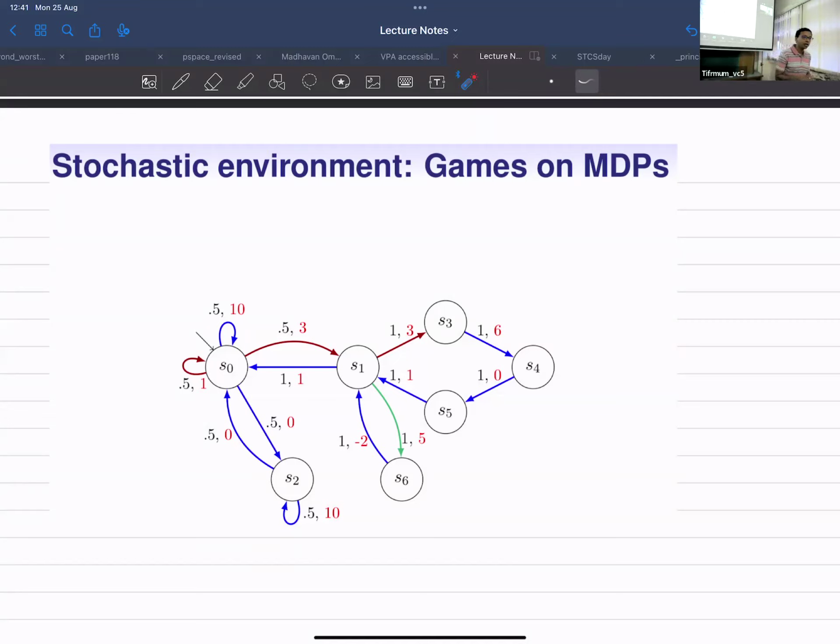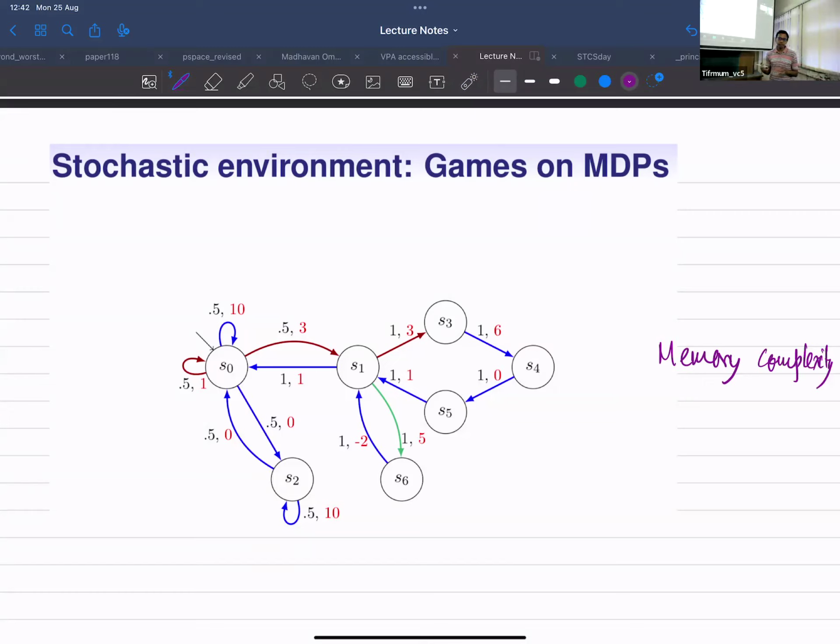So these are different kinds of policies one might need depending on the specific objective. Not all objectives are of the same complexity. That is what we call the memory complexity of a strategy: how much memory you need.